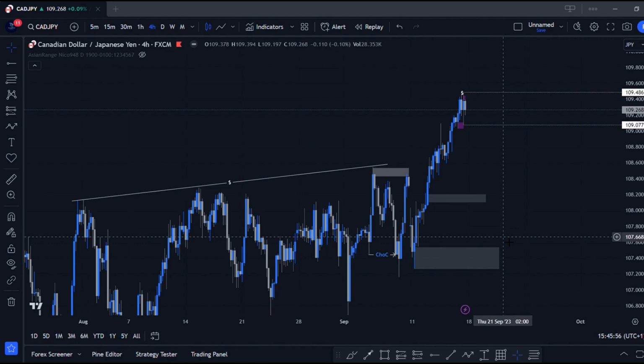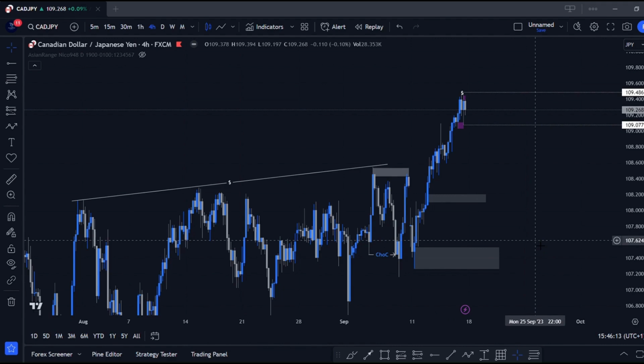The euro has been doing that, and obviously the US dollar as well. Due to the cost of living, inflation, and many macro factors that are affecting currencies.